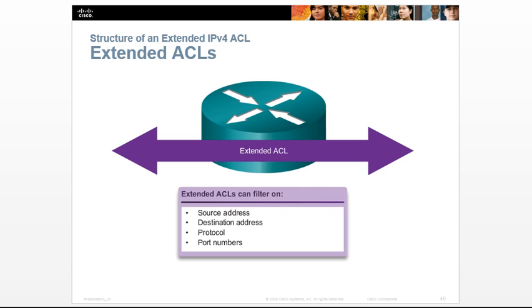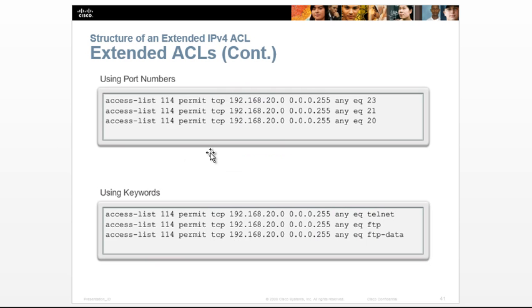So extended ACLs can filter on a lot more than a basic ACL. Now we're adding source address, destination, protocol, and port numbers. So these look a little different. Using port numbers, for example, access-list 114 permit TCP 192.168.20.0 0.0.0.255.